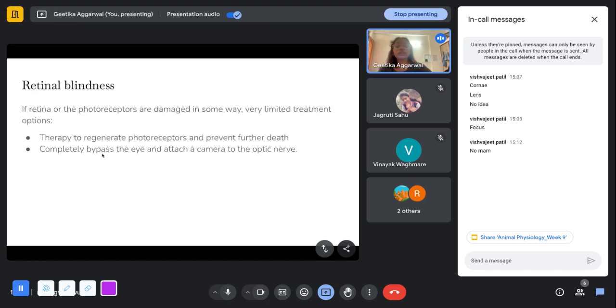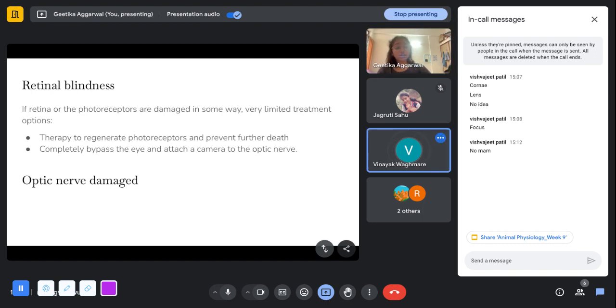Another is you can completely bypass the eye and attach a camera directly to the optic nerve. That is another way in which retinal blindness can be cured. That camera will work as the eye. But this is very advanced technology and these treatments are not very common as of now. But eventually I think researchers will be able to figure out an easier way to do it.